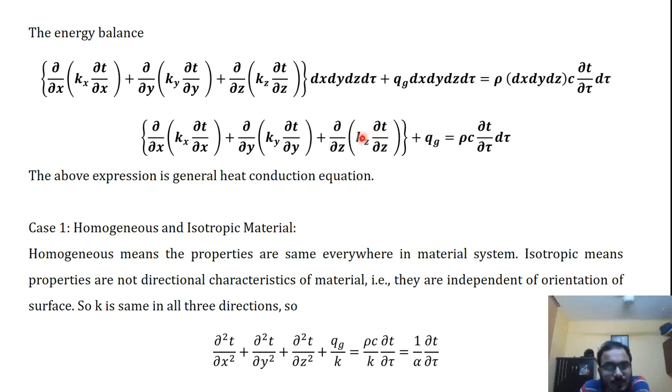Suppose we take K common, then K will come out and this derivative will be a double derivative, that is del 2 T upon del x square. Similarly for this term, and as we have taken K common, Qg upon K will be there, and on this side rho c upon K will be there.